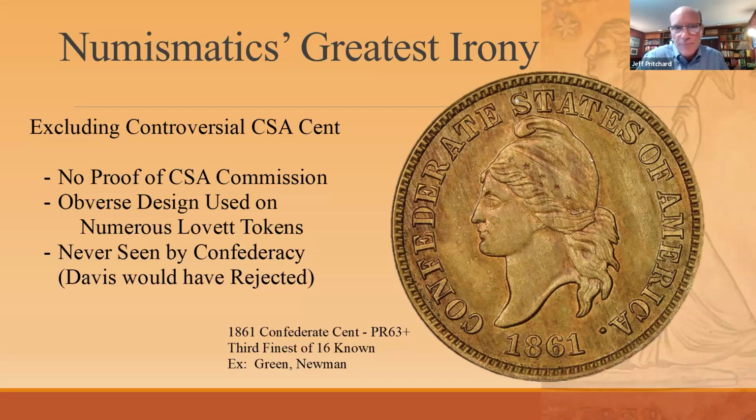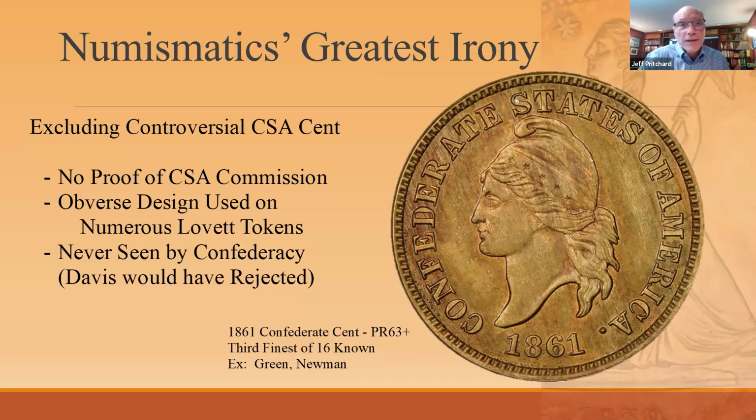And the thinking is that Lovett made this in the hopes that the Confederacy would approve it, to both his financial and personal benefit. In fact, he used this obverse design, not the lettering, but the Minerva with the Liberty hat, on 3 prior commercial tokens that he did.